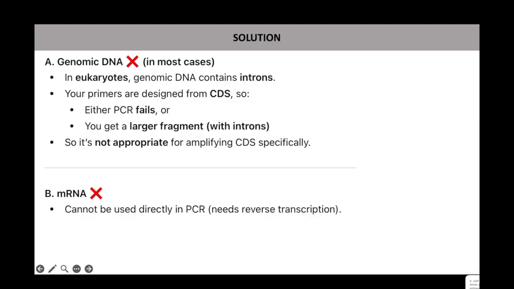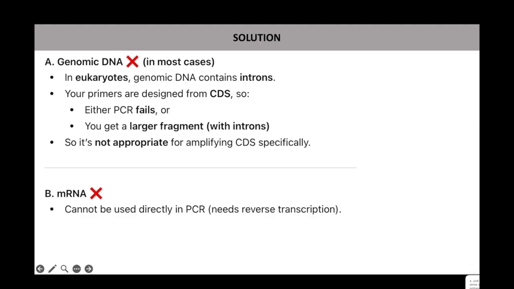There are certain cases where, suppose, the genomic DNA size spans 3000 base pairs, but the gene size or the CDS size is only, suppose, 1100 base pairs. If the genomic DNA is used as a template, first of all, the template size will be very high, because it will also include the introns.